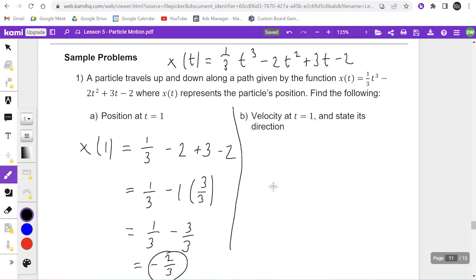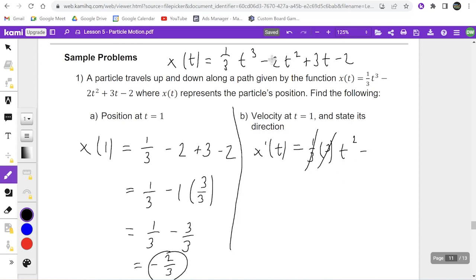So remember, velocity is going to be our first derivative. Hopefully you remember how to do the power rule. This is like 4 power rules in a row. So to help you out, the first one is going to be 1/3 times the derivative of t cubed. Bring the 3 out in front. The 3 and the 1/3 cancel. That's very nice. And then times t to the now second power, because it goes down by 1.